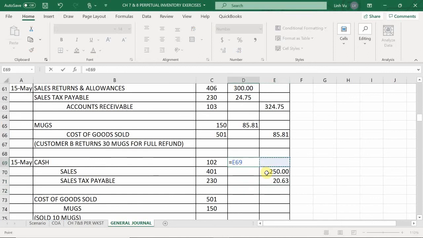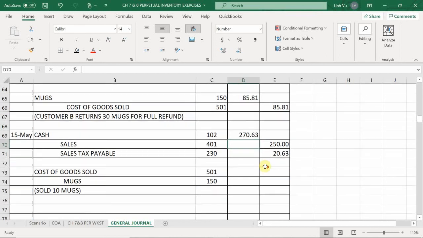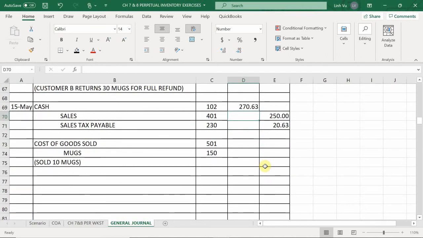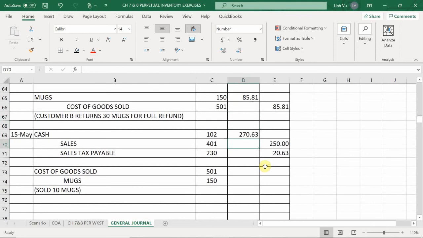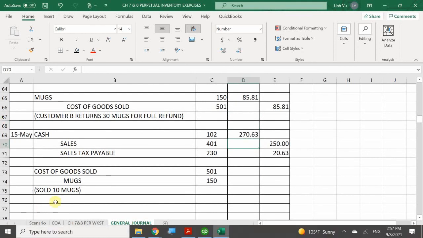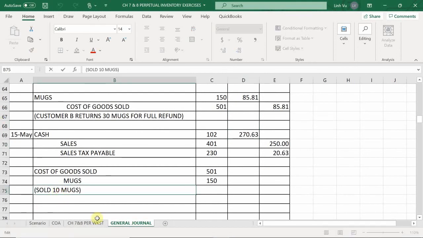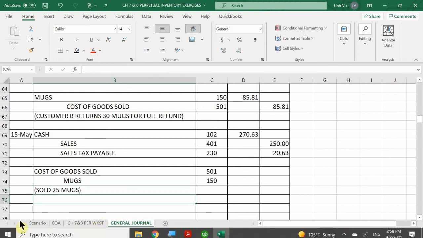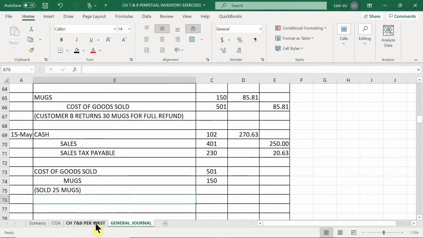So therefore, I should be receiving a total of $270.63. Okay. But we end up selling 25 mugs, so in this case, let me change this real quick. 25 mugs.